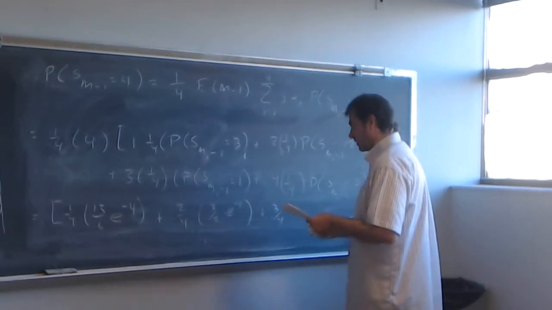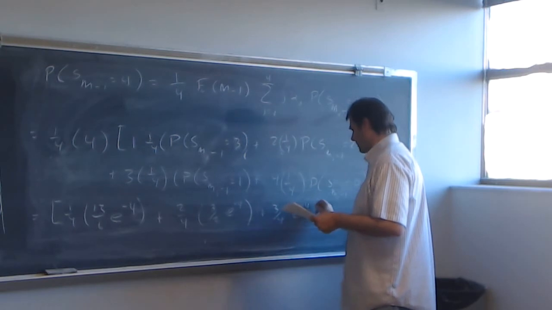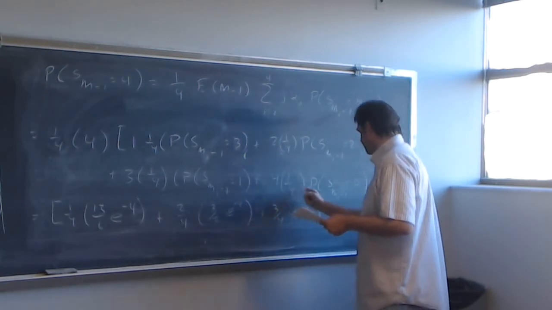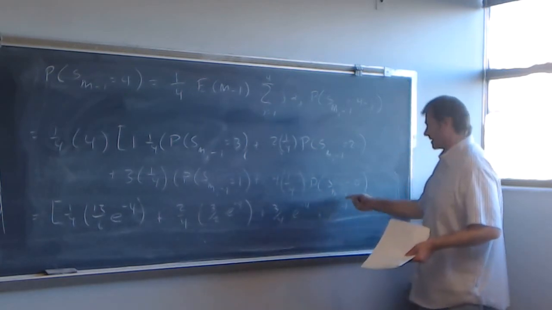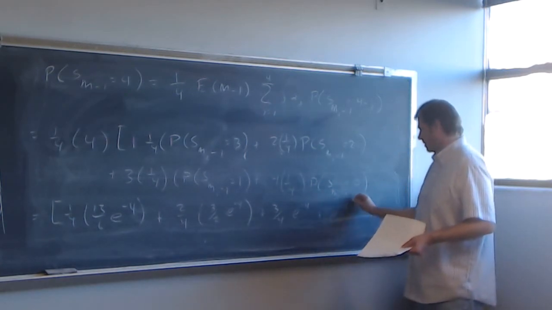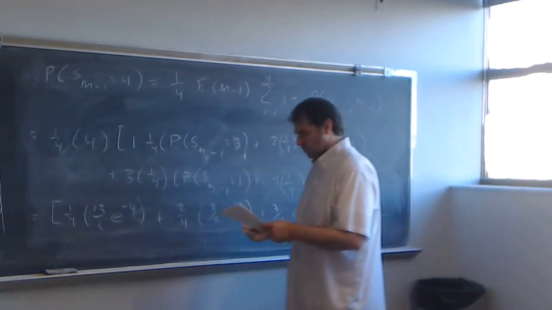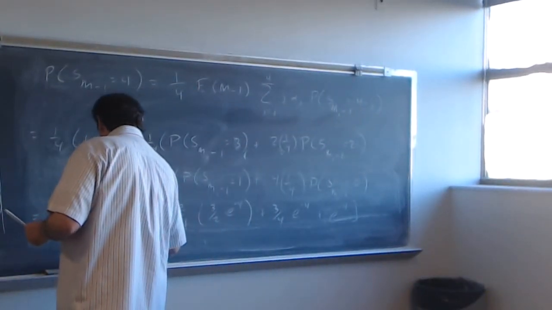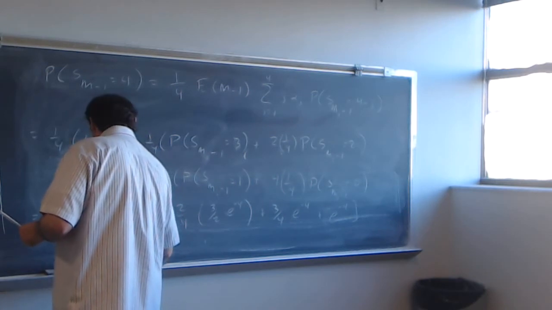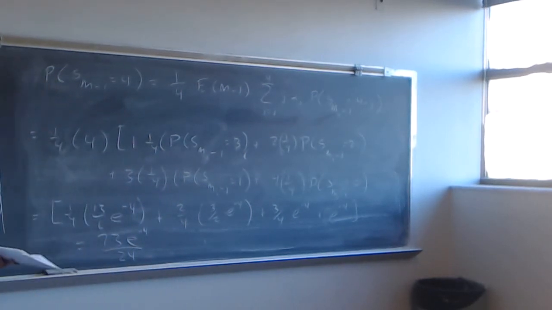This guy we had calculated earlier, which was e to the minus 4. And then plus, this is 1. This guy we calculated from work we had done earlier, this is going to be e to the minus 4. And so if you compute this, what you end up getting is 73 e to the minus 4 over 24. If I'm denominator 24, that's what you get.